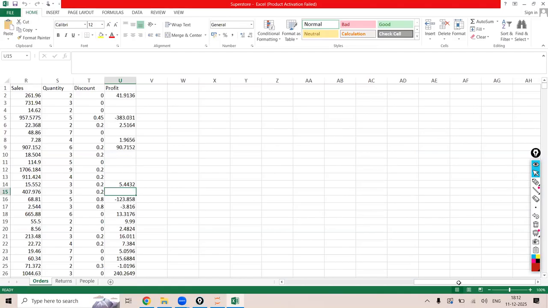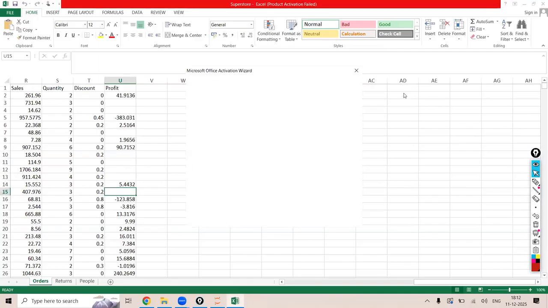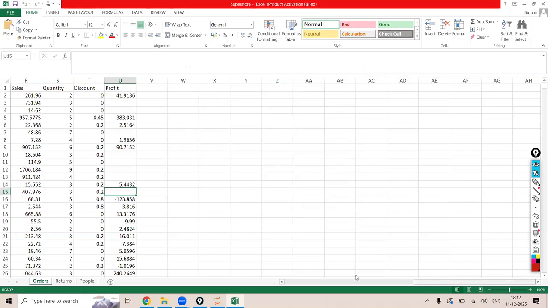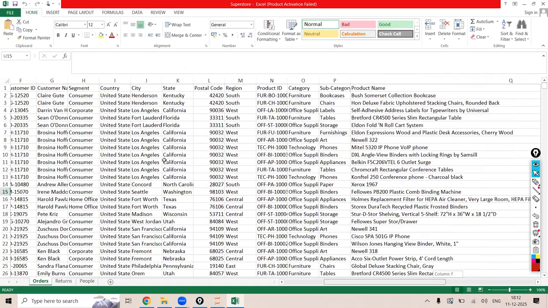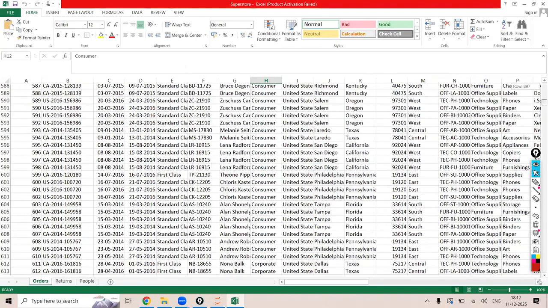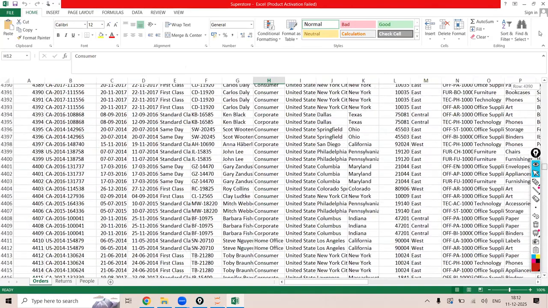In this data set, we have a total of 10,000 records available. This is basically a sales data set, and we have different column names.